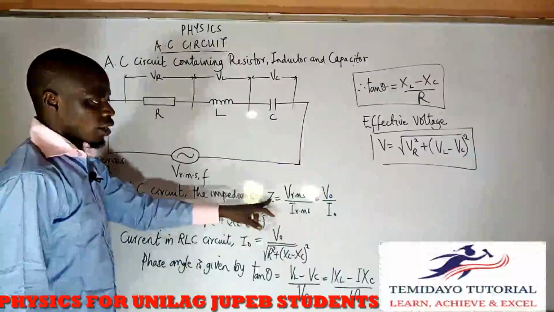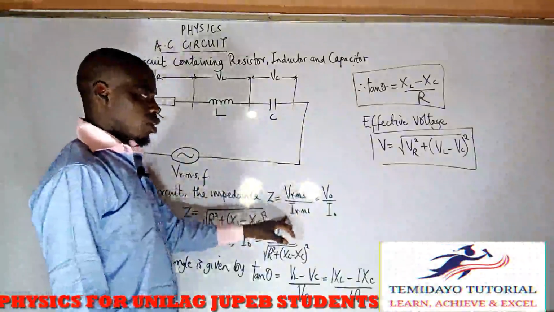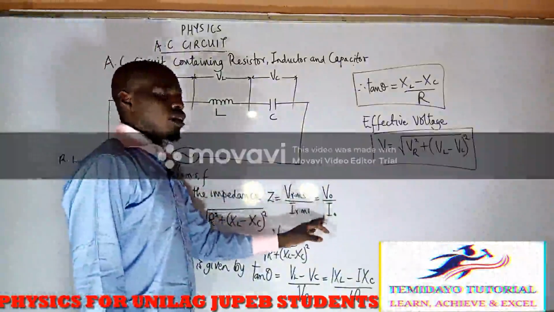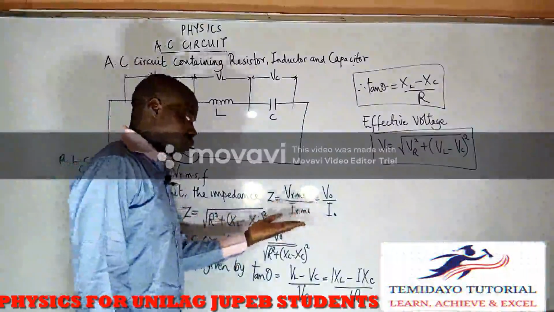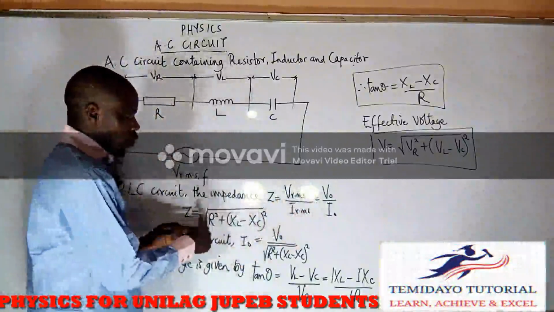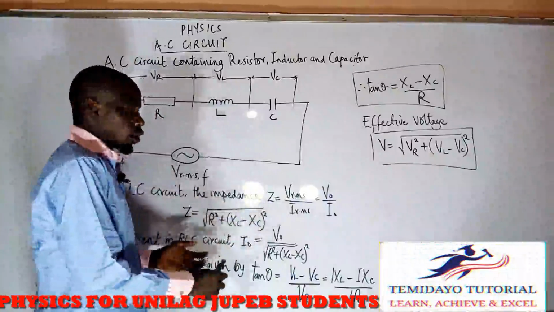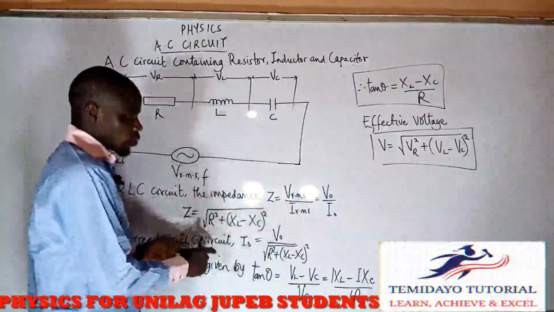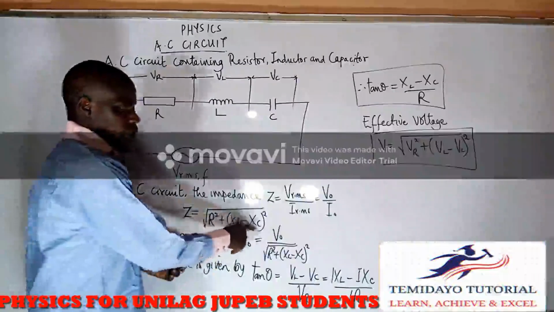Z, and that is the V_rms, root mean squared, over the current root mean squared, and it is taken as V naught over I naught. We have established all these facts. So the impedance here is equal to the square root of R squared plus (X_L minus X_C) everything squared. That is when you have your resistor, your inductor and capacitor. This is inductive reactance and capacitive reactance.